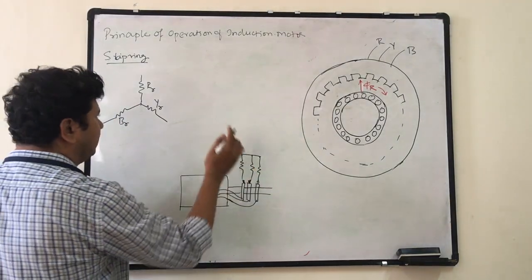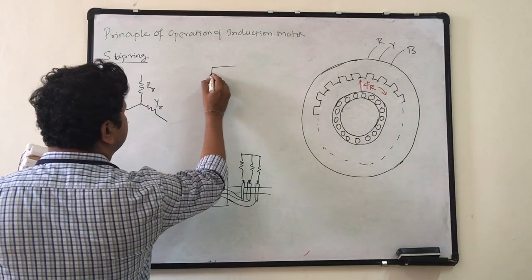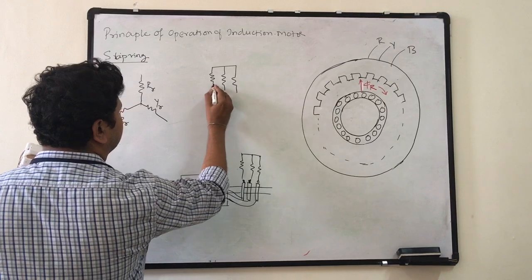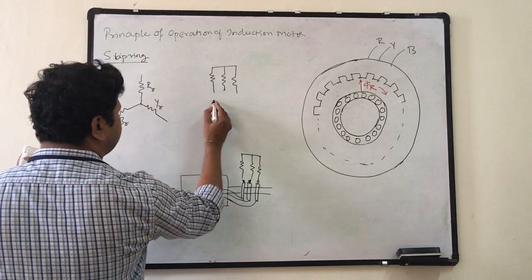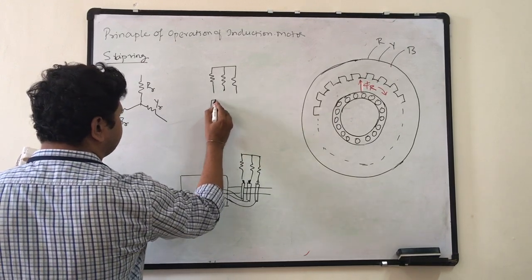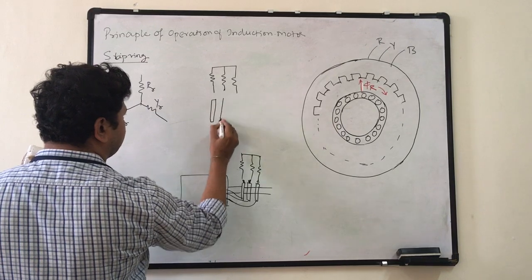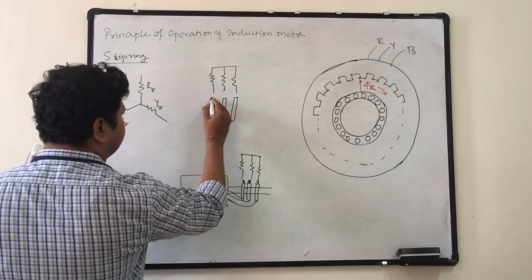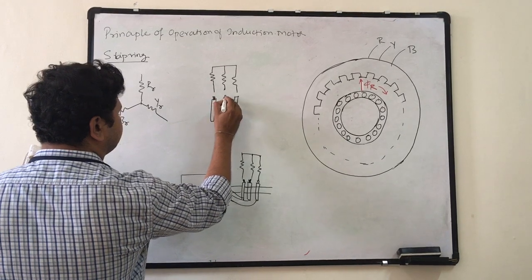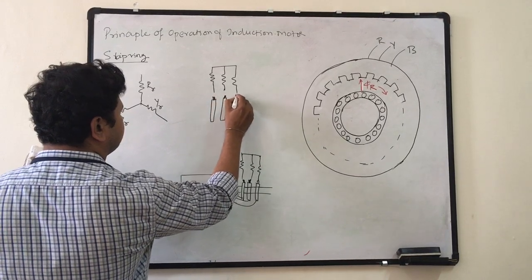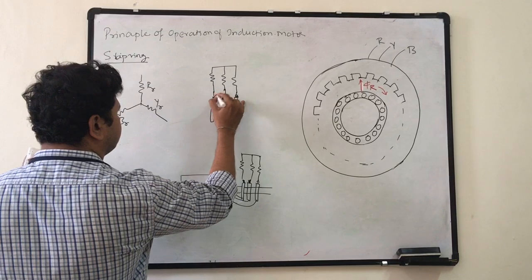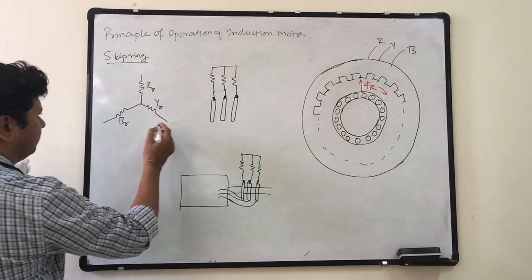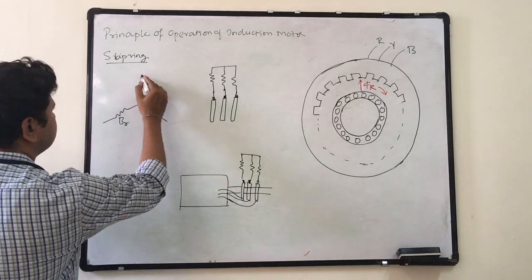Now I have three resistances connected through brushes, and to these slip rings, these three connections are given.